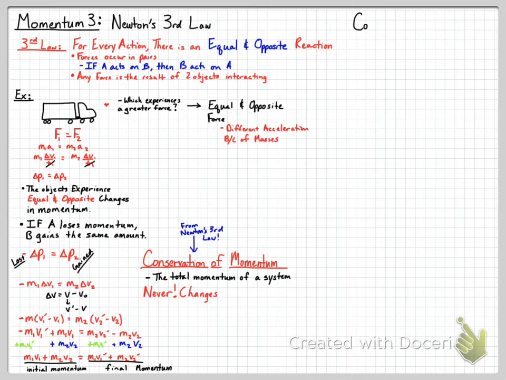As long as there are no external forces acting on the objects or acting on the system, then the momentum of the system is conserved. If it's an internal force, it's fine, but an external force will cause the momentum of the system to change. So the momentum of the system is conserved as long as there are no external forces acting on the objects in the system. So let's continue with this and do an example.